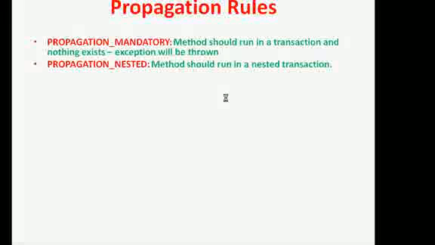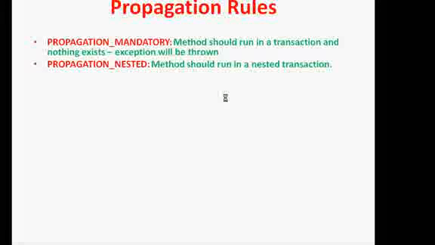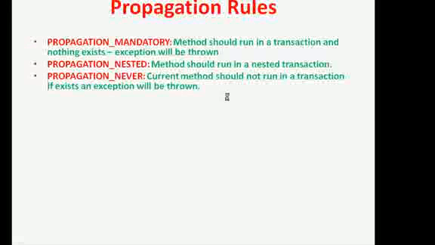But propagation underscore nested behavior varies based on the database, so please refer to the documentation of the respective database or liaise with your DBA to get more details on this. Propagation underscore never. The name itself tells it: never. It's a strong voice that the method should never execute in a transaction, and if one already exists, an exception will be thrown.